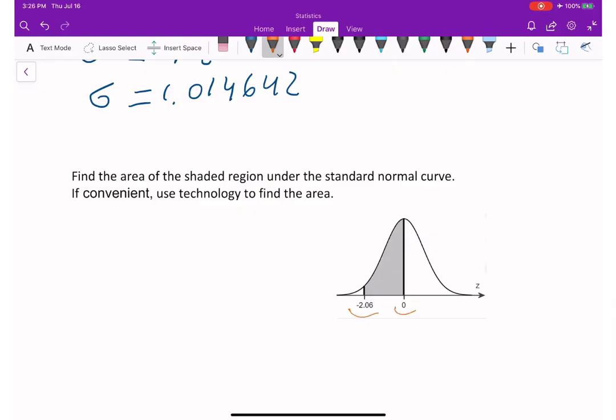Once we find it for negative 2.06, it's going to be this area right here. And for the probability of 0, it's going to be this area, coming all the way, overlapping to the end.